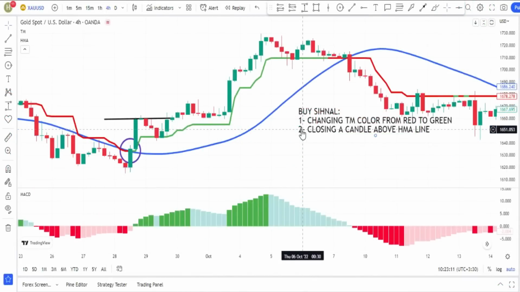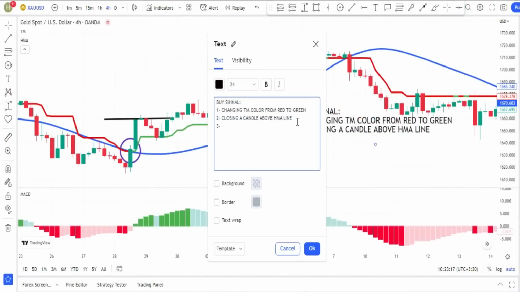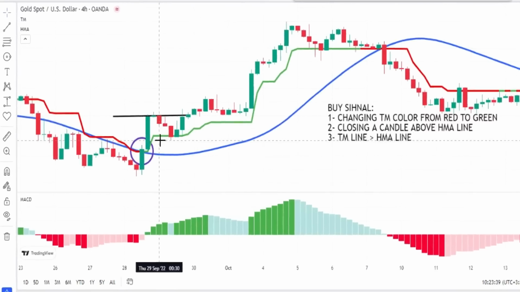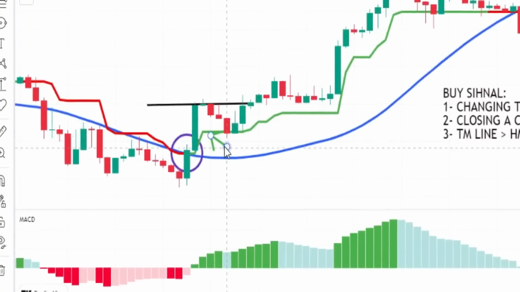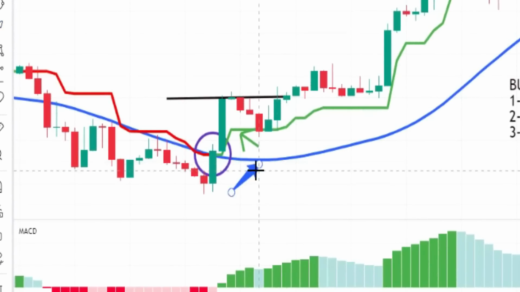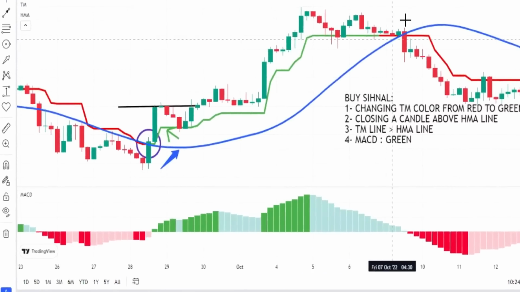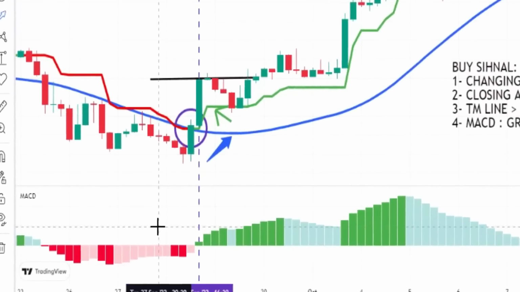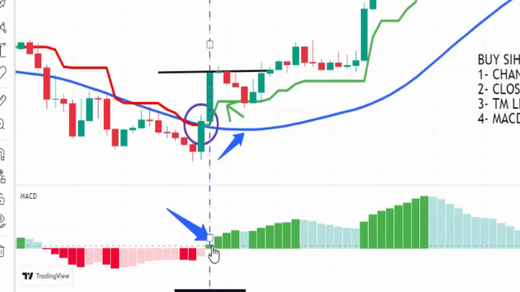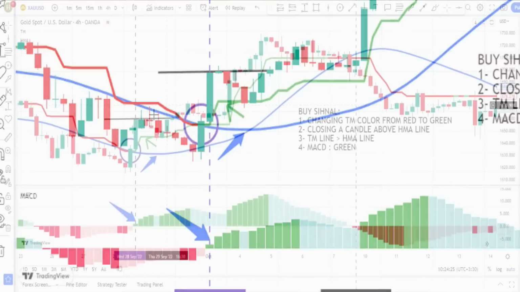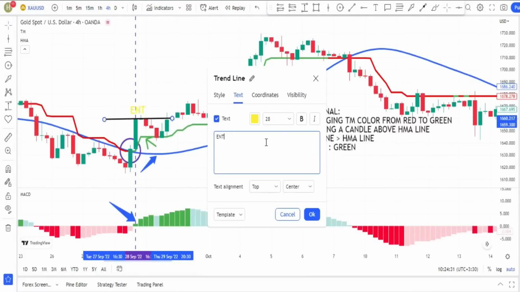And as the third condition, the Trend Magic line must be above the HMA indicator. And finally, the MACD histogram should be green. Therefore, if all these conditions exist, you can enter into a long trade.